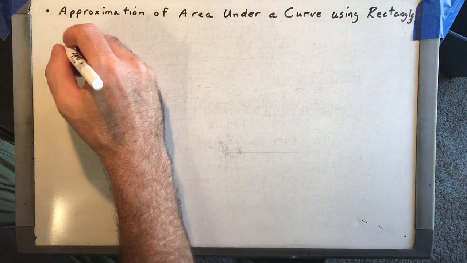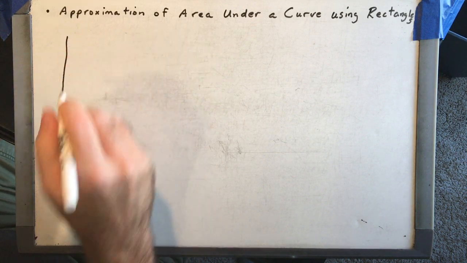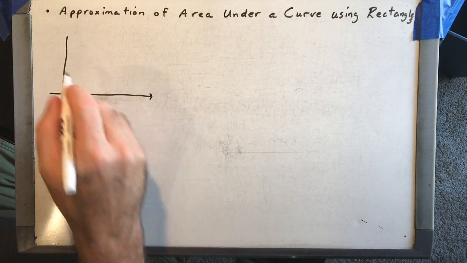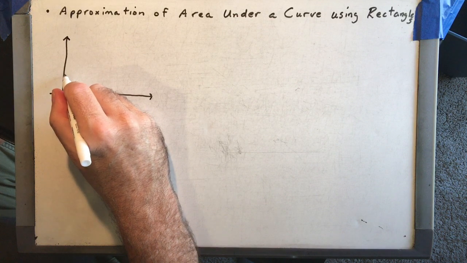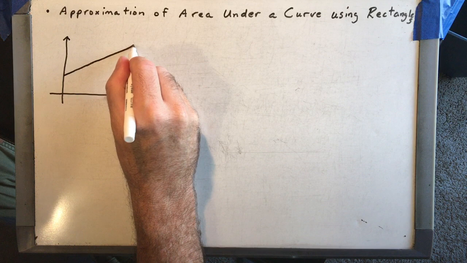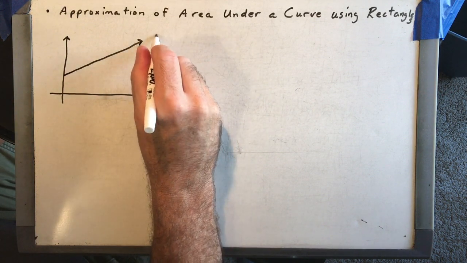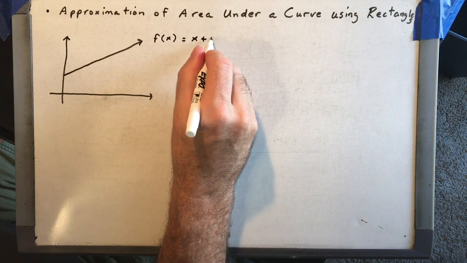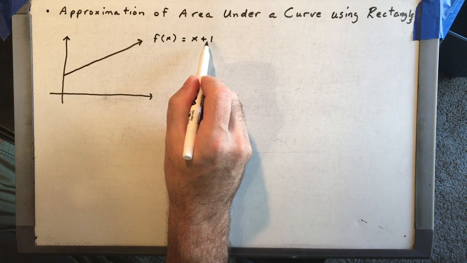Okay, so I'm going to draw a little graph here. And we're going to have a line. The equation for the line is f of x is equal to x plus 1. So a slope of 1, y-intercept of 1.